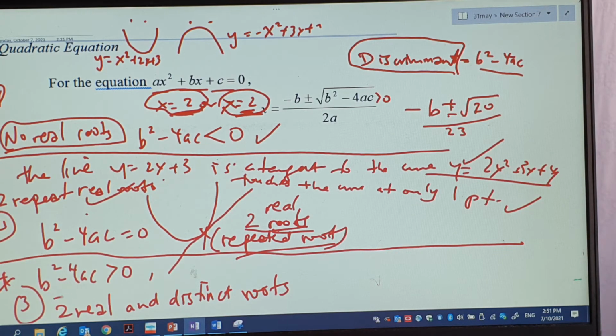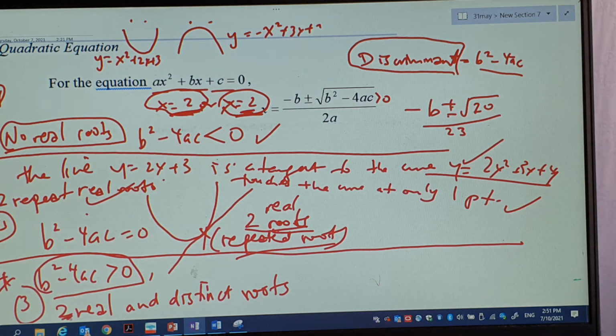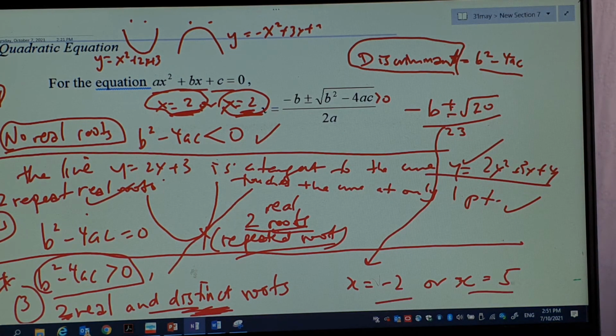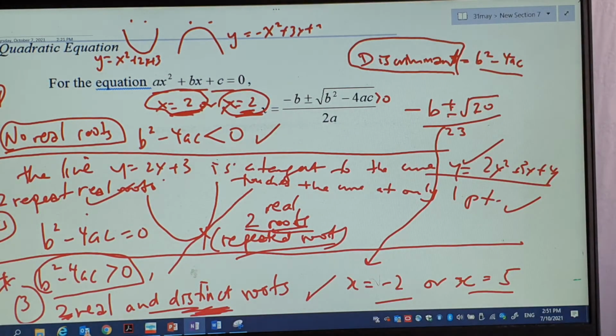But when I have b squared minus 4ac greater than 0, then these are two real and different roots. The values are different. So let's say I solve this one. Example. I solve this one, I may get x equals minus 2 or x equals 5. There? Two real and distinct roots, right? That's what it means. Alright? So I hope you are clear.